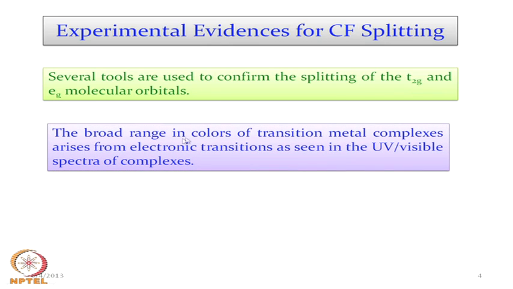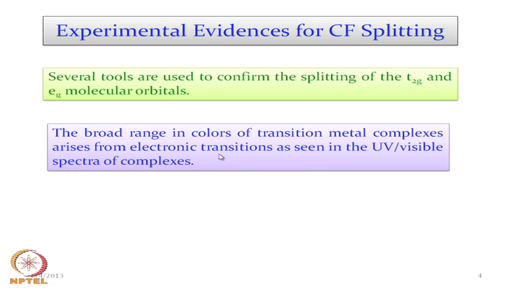So what we get is that the broad range of colors of these transition metal complexes is due to the corresponding electronic transitions. That means if we have one single electron in the T2g level that we have discussed earlier, the corresponding transition from the T2g to Eg level can give rise to the corresponding electronic transition in the UV visible spectra of these complexes.